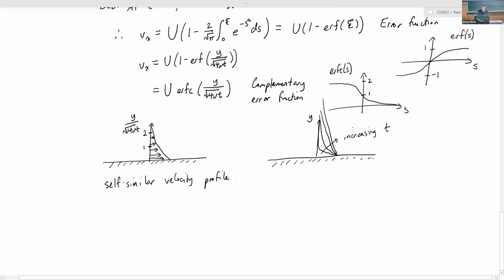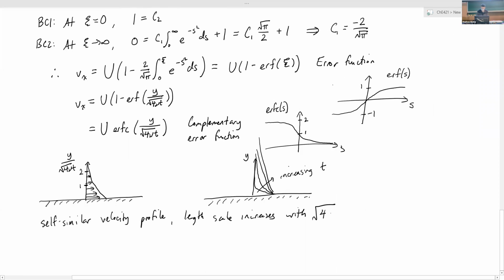Okay. The length scale increases with a square root of 4 nu t as time increases.